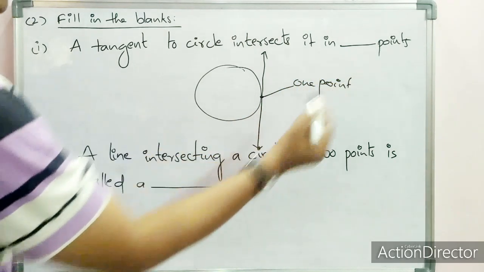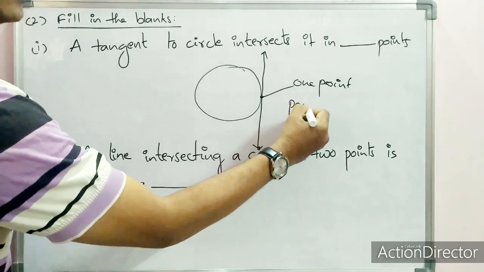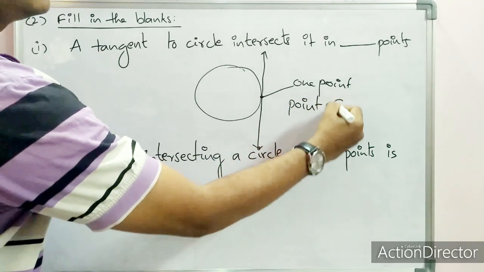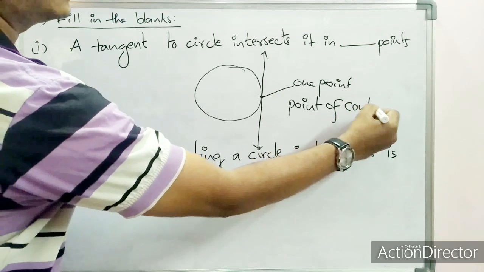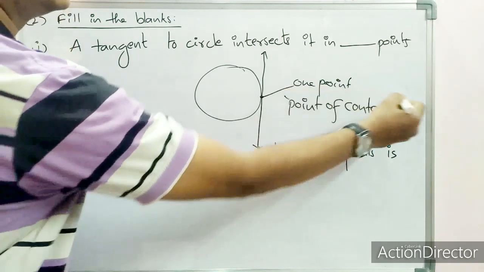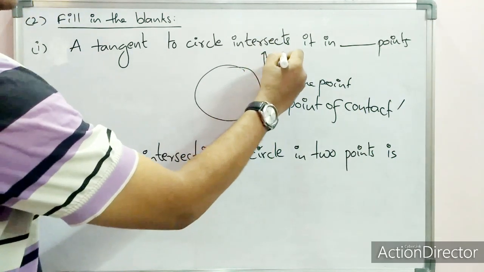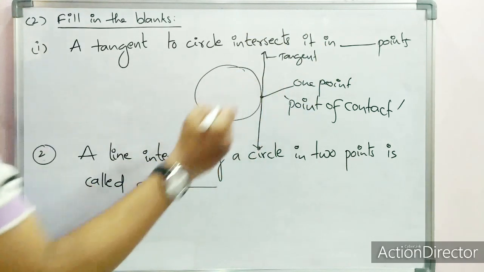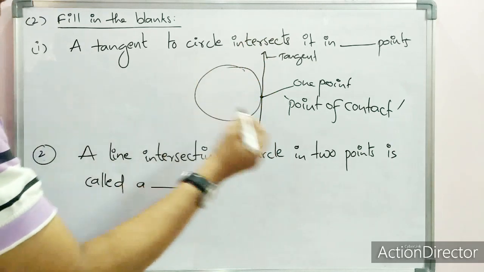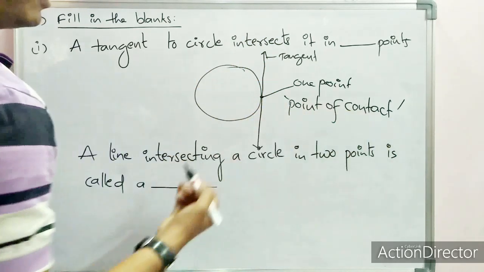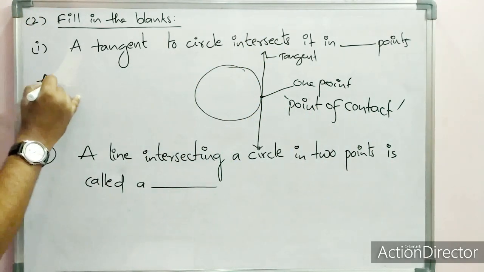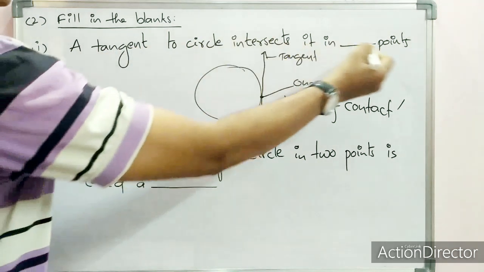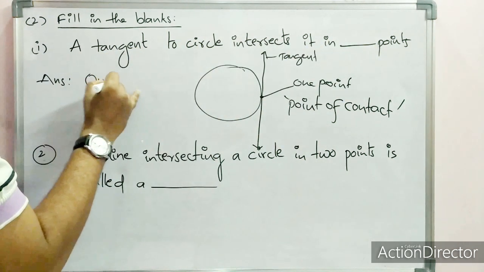This one point is called the point of contact. So a line which touches at only one particular point is called a tangent, and that point is called the point of contact. Now the answer is, it touches only one point.